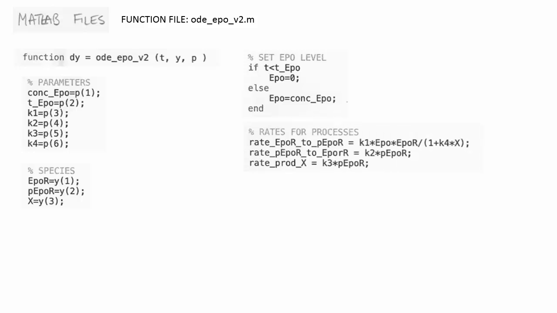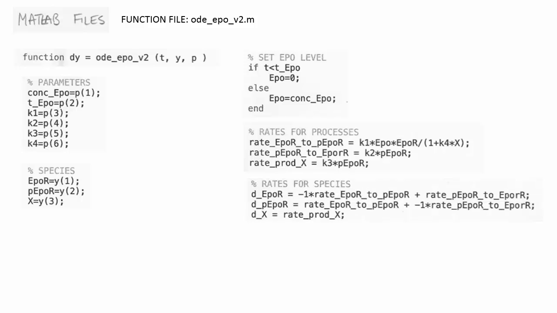We write our rate equations according to the rates we had on the last slide, and then using those rate equations for the processes, we write the rate equations for the species, and finally we write the results back into a results vector dy to pass back to the ODE solver.